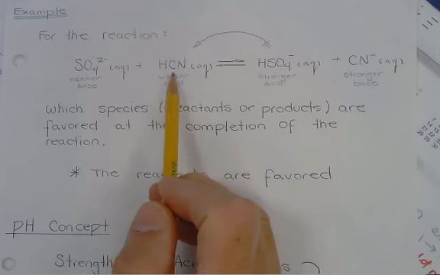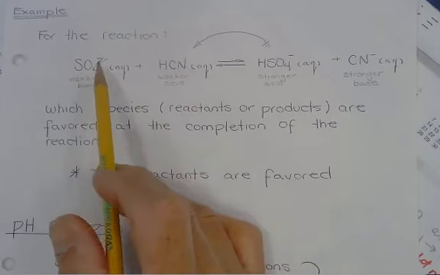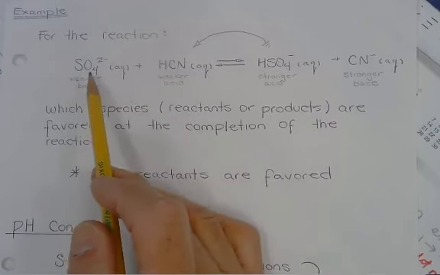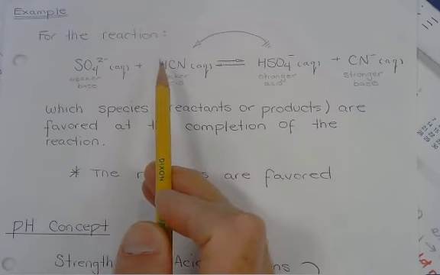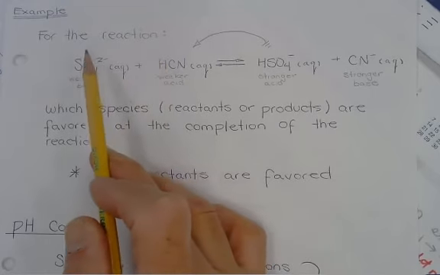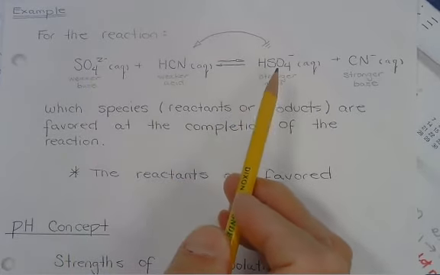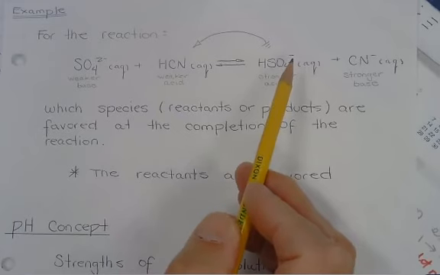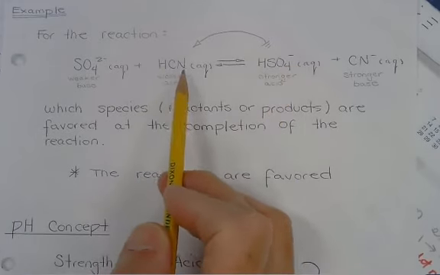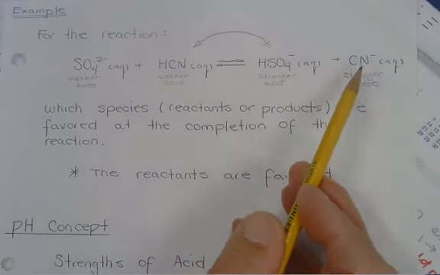So this, I'm telling you, is a weak acid, and this guy is a weak base. So I put the weak acid and the weak base together. They can react a little bit. Neither one of them is that great. So this hydrogen is barely going to want to come off to go over here to make HSO4 minus 1, hydrogen sulfate. And if HCN loses a proton, it's going to become CN minus 1, cyanide.